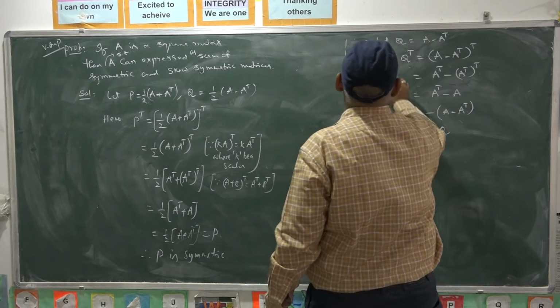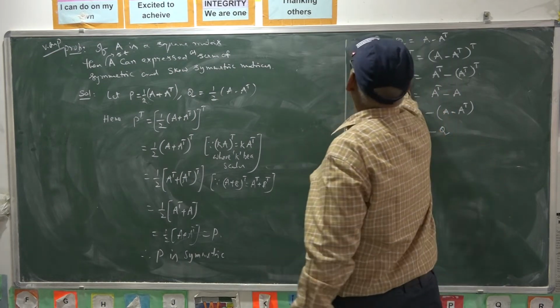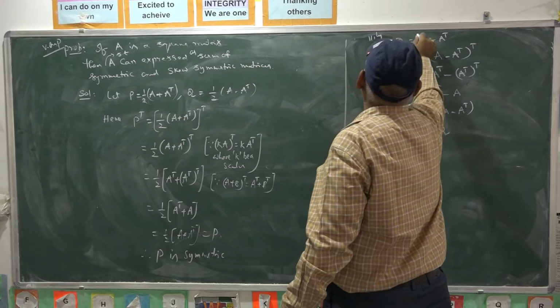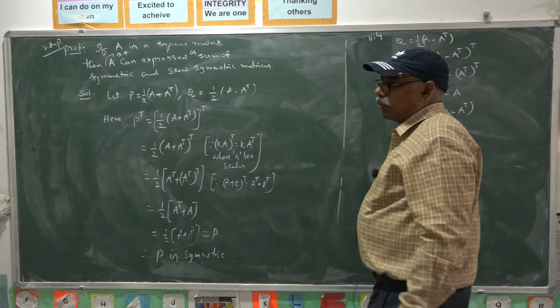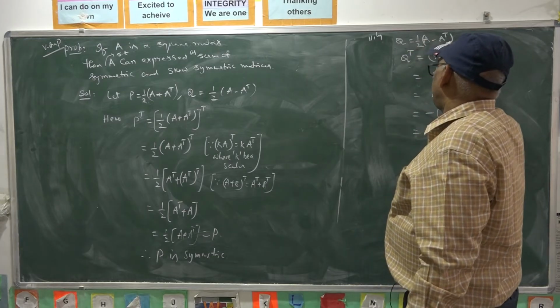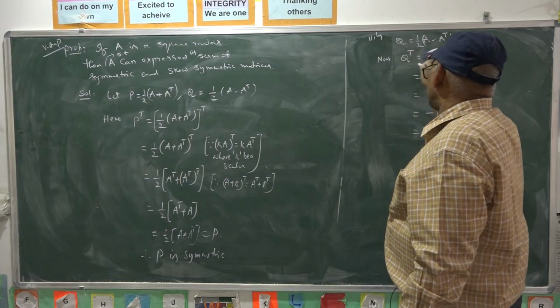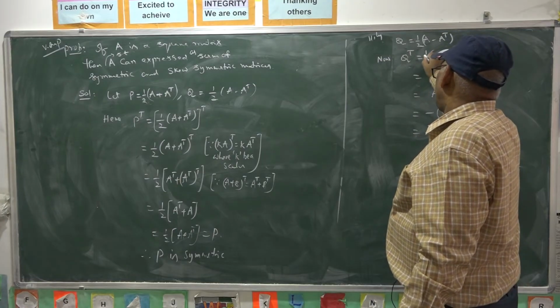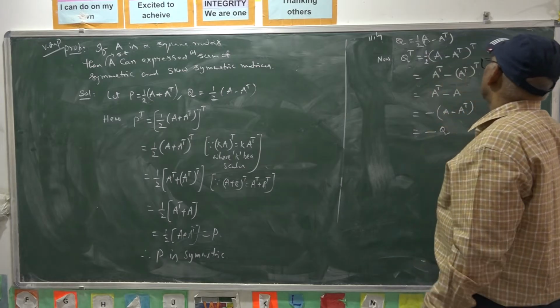Similarly, let us consider Q as 1 by 2 A minus A transpose. Now Q transpose is 1 by 2 into A minus A transpose whole transpose.